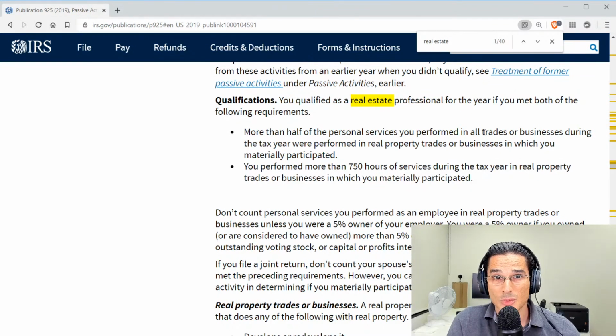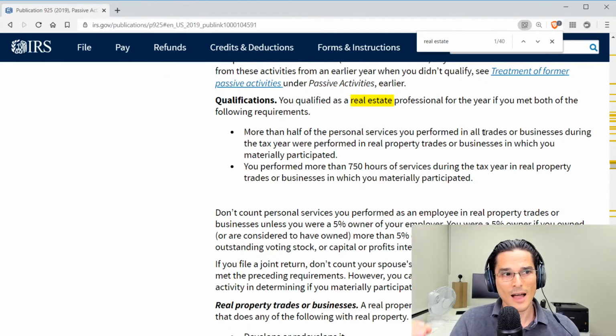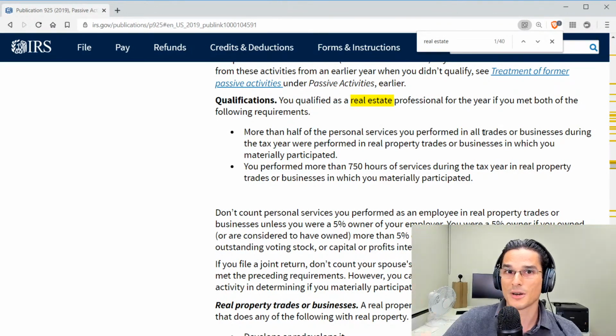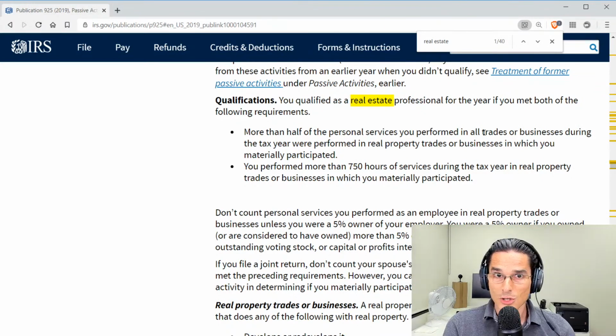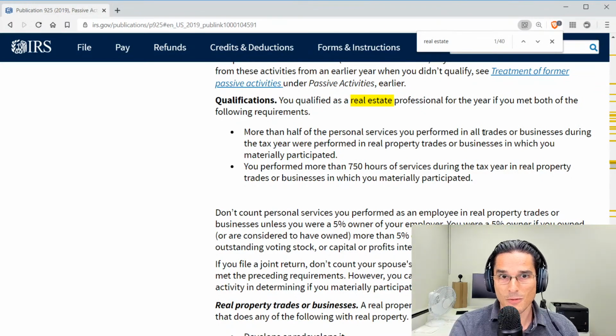I've seen a whole lot of taxpayers think they qualify as real estate professionals when in fact they don't. I've seen taxpayers who qualify for real estate professional status, but they aren't able to substantiate it, which can create huge problems because we're talking about big numbers generally. So the first hurdle is meeting the real estate professional qualifications.